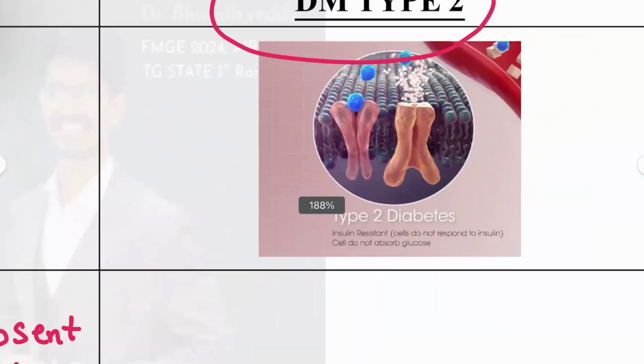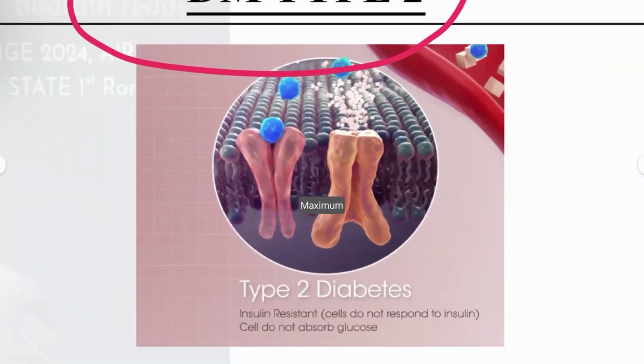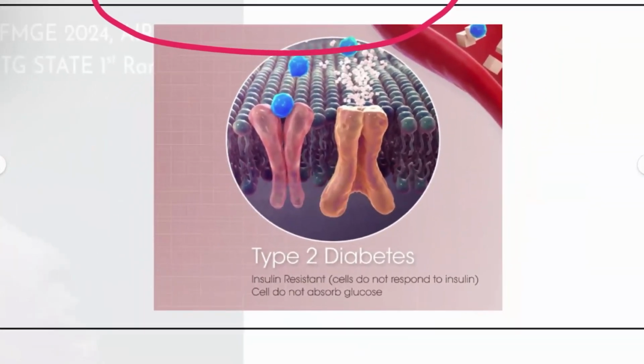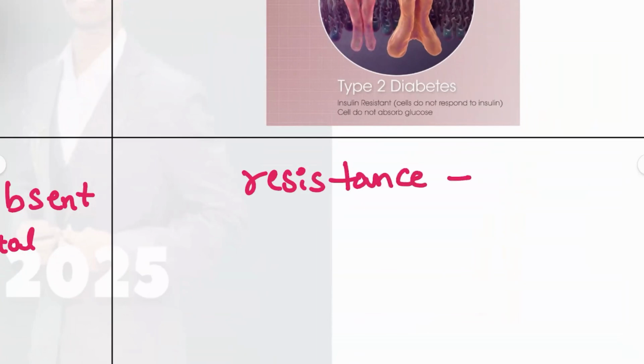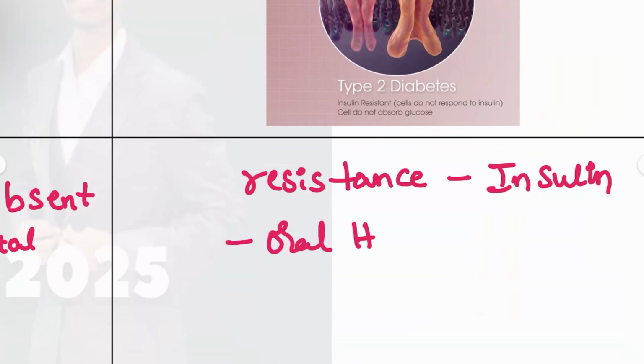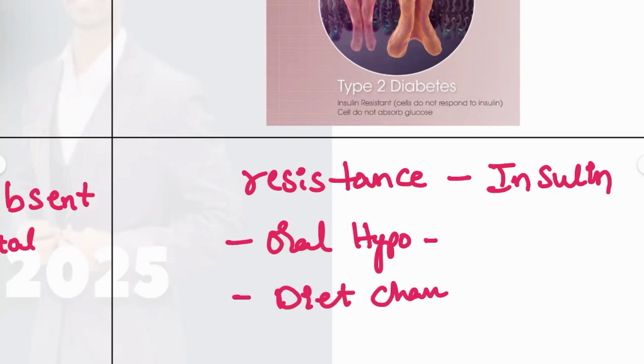What about type 2 diabetes mellitus? Here you can see the insulin is present. There is no absence of insulin, but there is a resistance to the uptake of insulin. We can give oral hypoglycemic drugs, and we can advise diet changes or lifestyle changes.